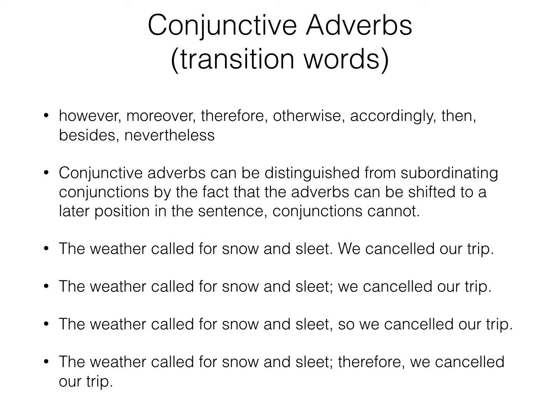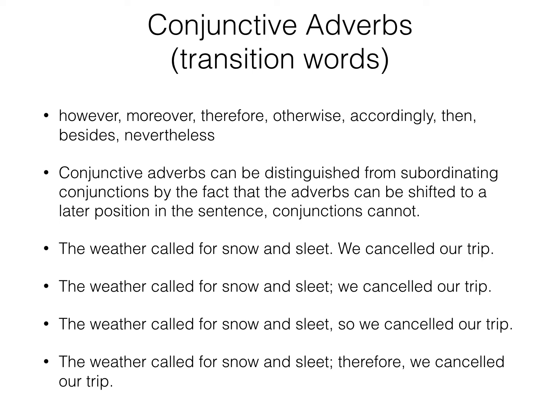Conjunctions cannot. Conjunctions need to sit at the beginning of a dependent clause. They can't be moved around easily. So subordinating conjunctions will be right at the beginning of a subordinate clause, and that's where they have to stay.